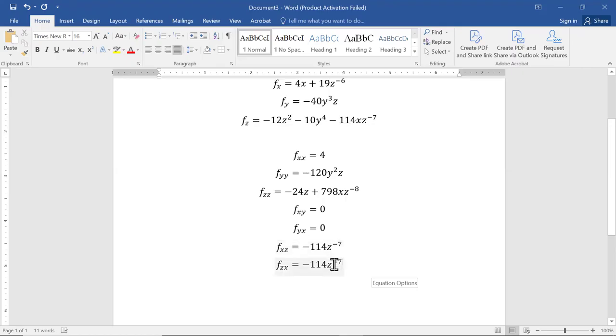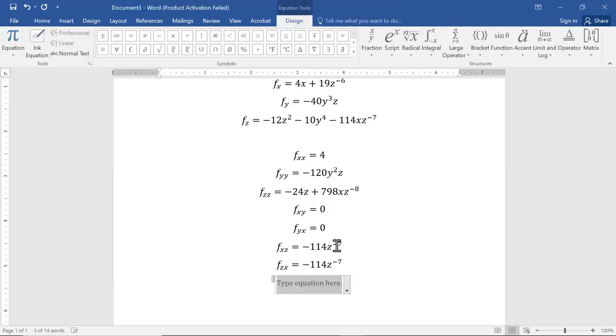Once I see that they're equal, that's a good check that I've done the second mixed derivatives correctly. All right, we've done x, y, we've done x and z. The last thing to do is y and z. If I take a derivative with respect to y and then a derivative with respect to z of that, notice that with the derivative with respect to z, 1 comes out front. I get negative 40 y to the third.